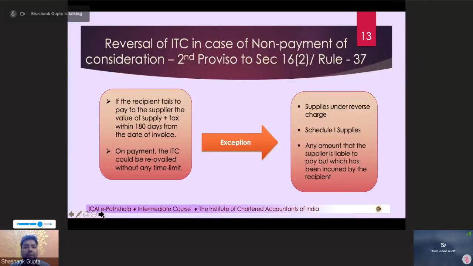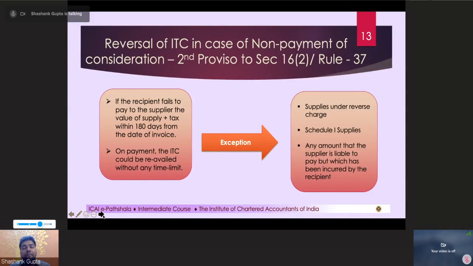If for any reason the payment is not made within 180 days, then in such cases the credit will need to be reversed. Not only this, there will be a liability to pay the applicable interest right from the date of availment of this input tax credit.